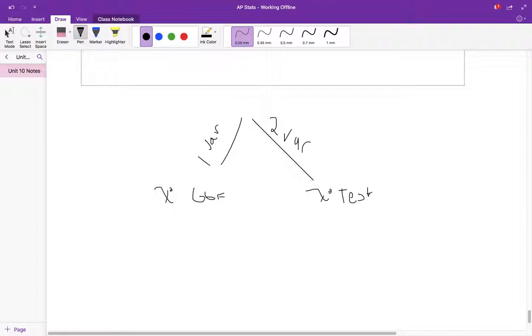The second distinction would be for the chi-square test: are you going to do this for homogeneity, or for independence? The way you decide between those two is that homogeneity needs to come from separate random samples, in other words, multiple samples.